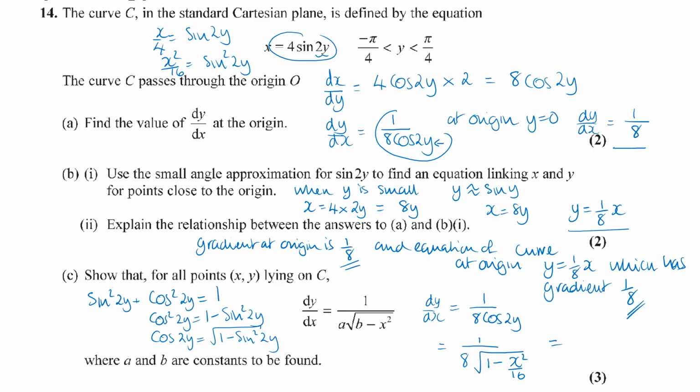So this is going to be the same as 1 over 8 times the square root of 16 minus x squared all over 16, which is 1 over 8, root 16 minus x squared all over 4, and then that 4 can cancel with that 8 and give us 1 over 2 root 16 minus x squared. So our a is 2 and our b is 16.